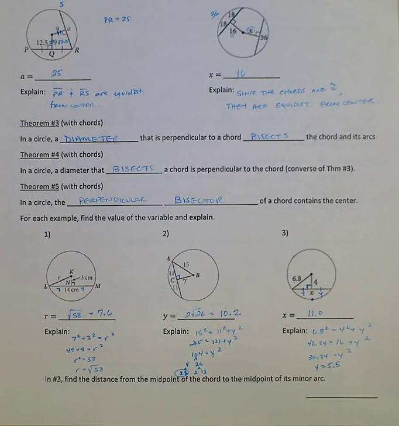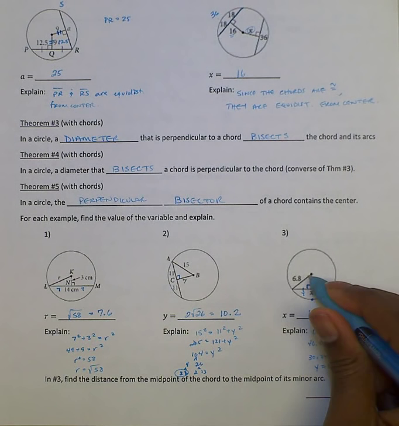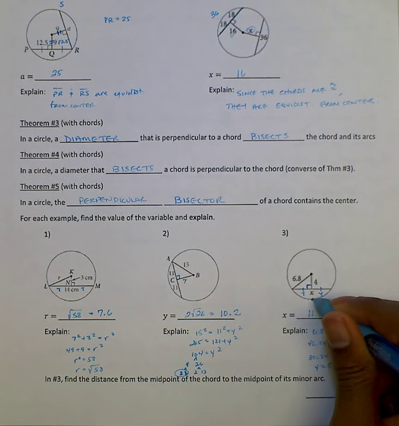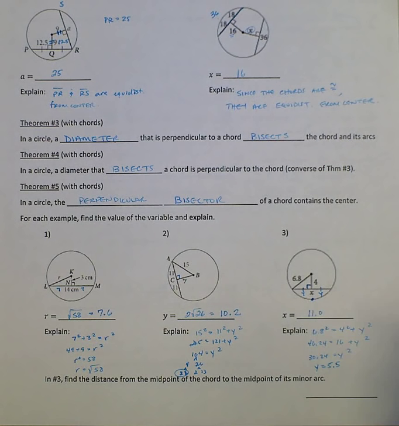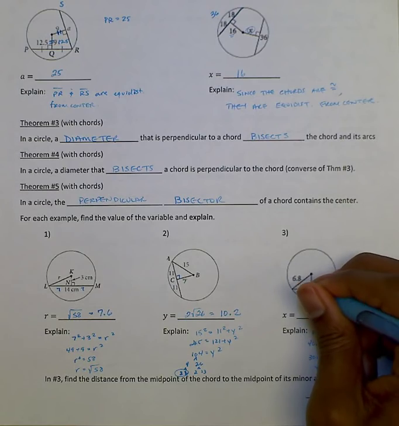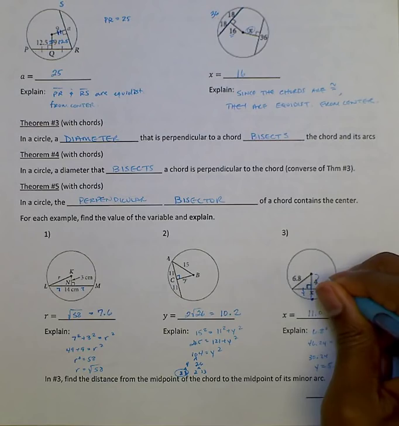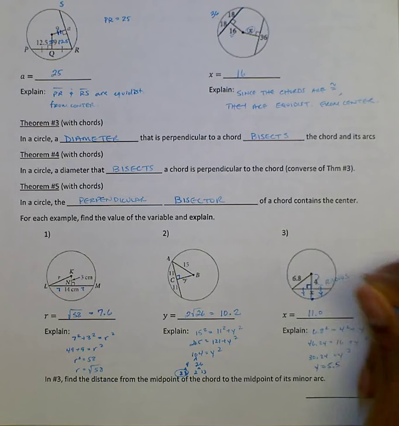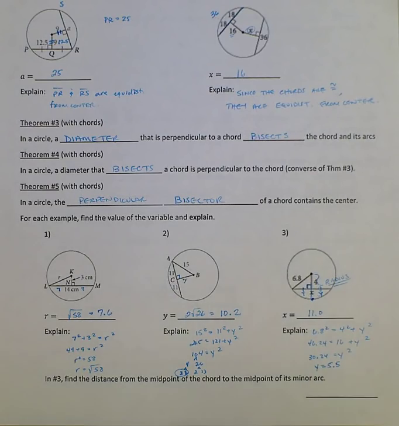And yes, we do. So know that from the center to the midpoint of the arc, wherever this midpoint may be, this thing is a radius. In a circle, what do we know about radii? Well, they're all the same.